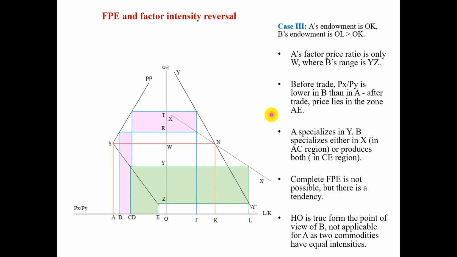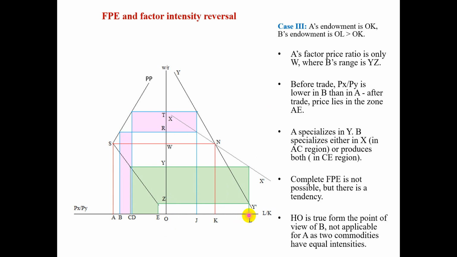Case 3 is another case where complete factor price equalization is not possible, but there is a tendency. So, see here, A's endowment is OK and B's endowment is OL, which is greater than OK.